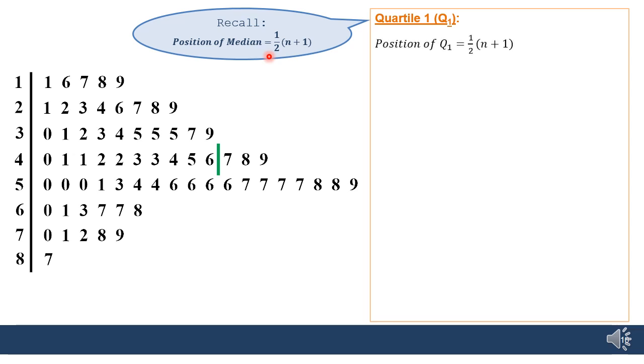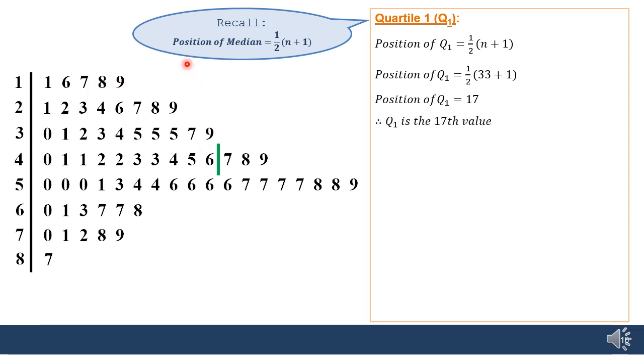For quartile 1, instead of n being 66, I'm now using 33 because the first half of my data has 33 values. So substituting in, I have 33 plus 1 is 34, divided by 2 gives me 17. So now all I have to do is count 1, 2, 3, 4, etc., until I get to the 17th value.